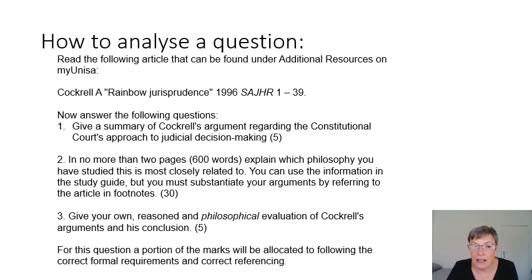So I've highlighted part of question 1. I've said here specifically that this question deals with the approach to judicial decision making. Therefore, question 2 can only refer to that part of your study material that has to do with how judges decide cases.